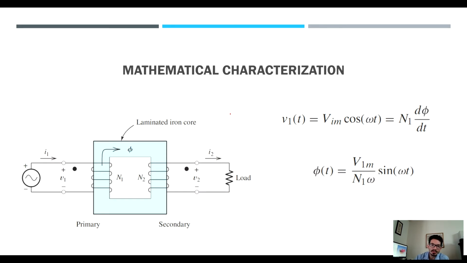So this is an example also about how to determine the magnetic flux through the transformer. And say in this particular case, N1 could be different than N2, or they could be the same if they're an isolation transformer. But the point is that you can try and find the flux density by the voltage from the first winding.